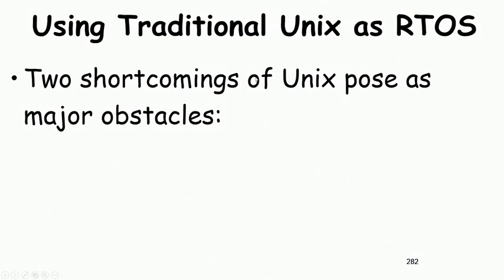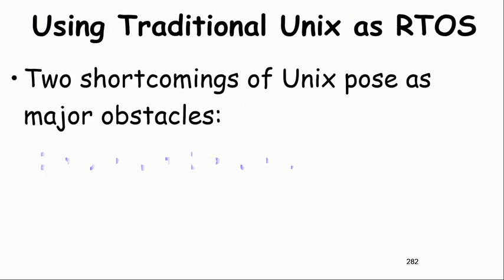Let us look at using Unix as a real time operating system. For all the features that we discussed in the last lecture that a real time operating system needs to support, those are not satisfactorily supported by Unix. But then there are two issues that are the major obstacles in using Unix in a hard real time application.